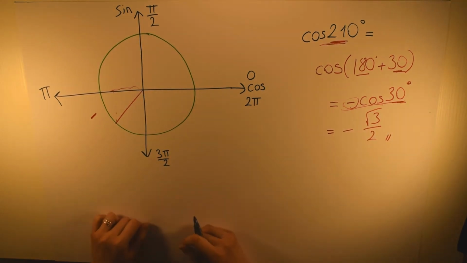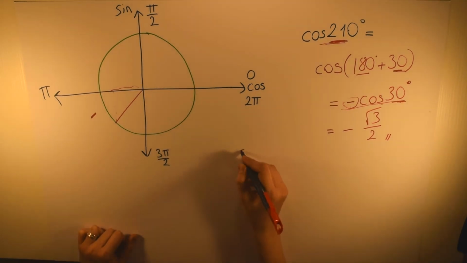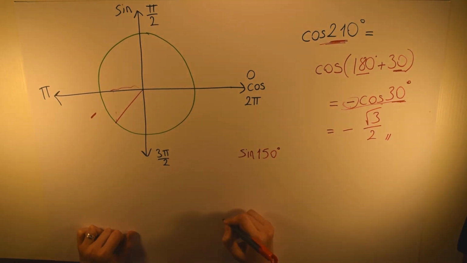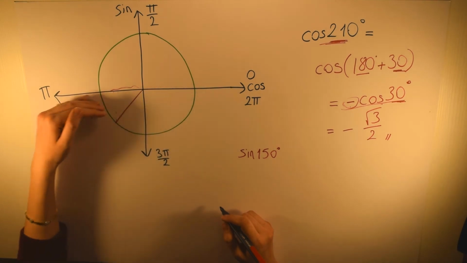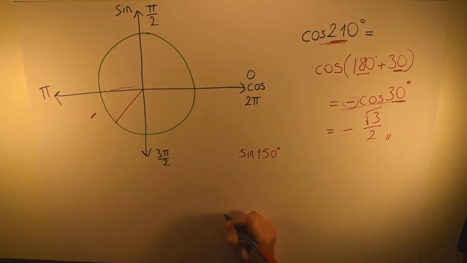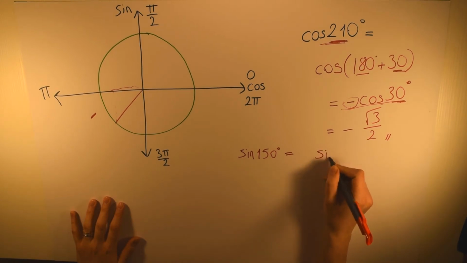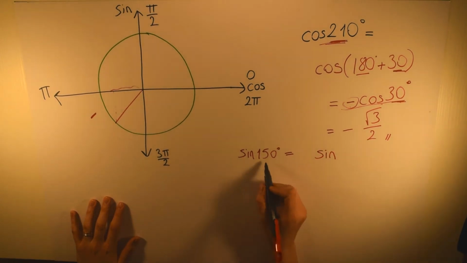So let's solve another one. For example, let's say we want to find the value of sine 150, right? Again, we look at our horizontal line. We said that the function doesn't change. So if this is sine, it will remain as sine, right? So let's look at its degree.